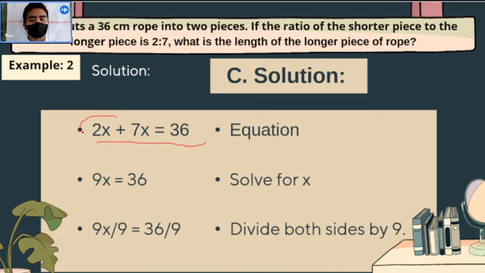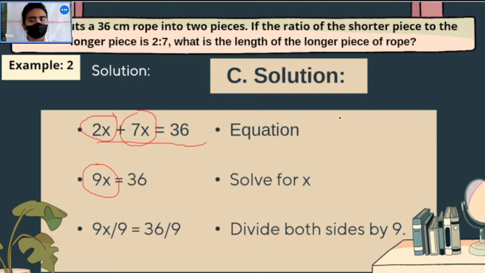When we add 2x to 7x, the value would be 9x. Is it possible? Yes, in algebra, if the terms have the same letter or variable, we can add them.